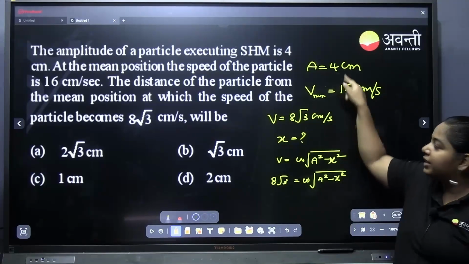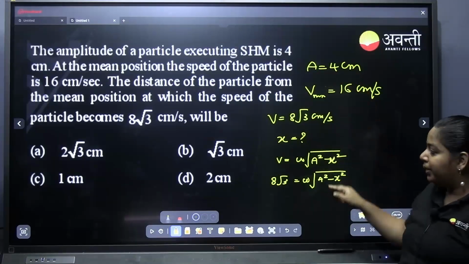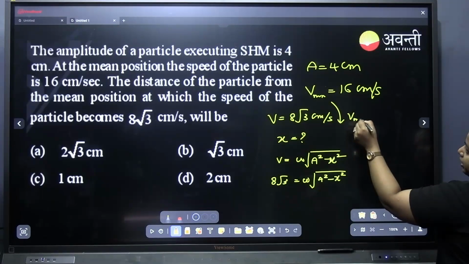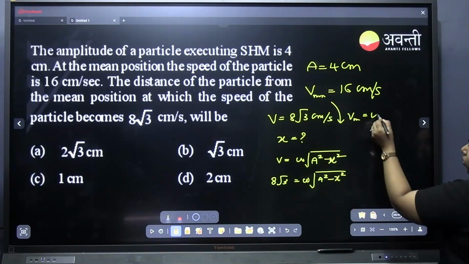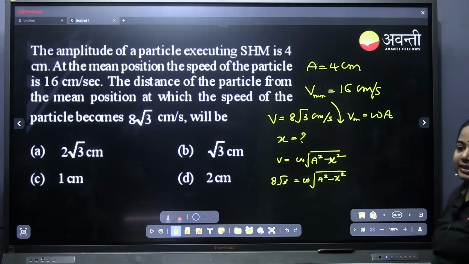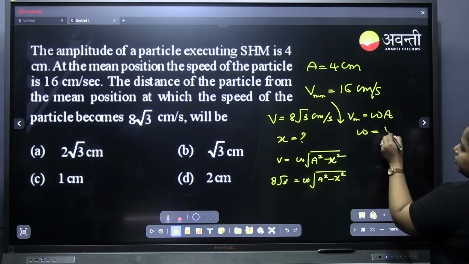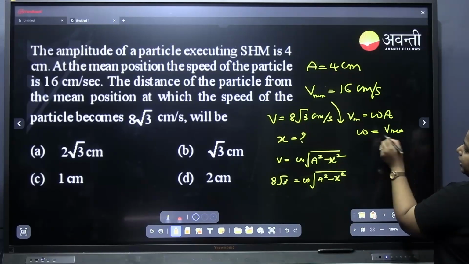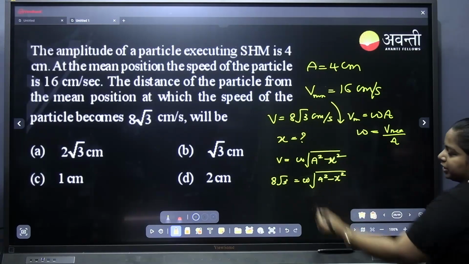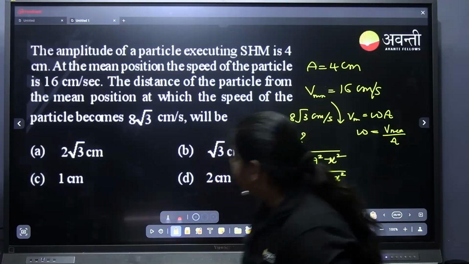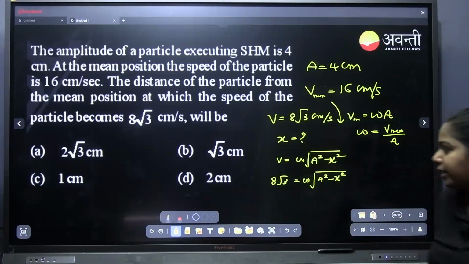But another one is given. So at mean position velocity is equal to omega a, because x is equal to 0. From this you can find omega equal to v mean divided by a. Substitute that here and solve. Okay, already got the answer. 2 centimeter, correct.